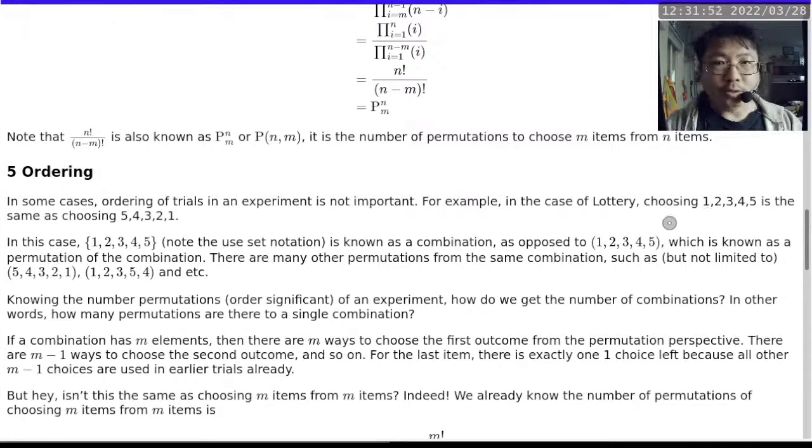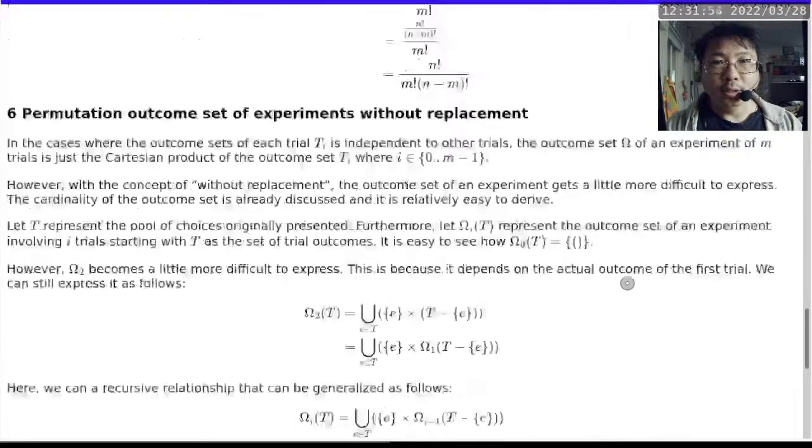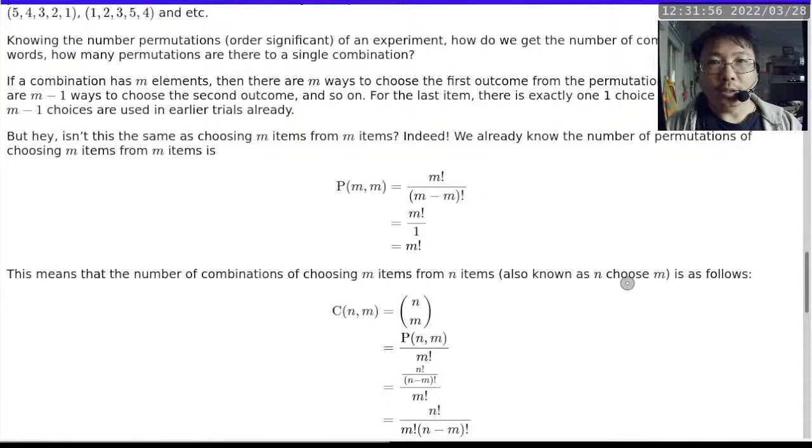So the end result is, if you're interested in the number of combinations, the notation for choosing can be written like this, which is kind of awkward, right? Because it's 2 parentheses with the original number of items on top, and the number of items that you want to be chosen at the bottom. So this is n choose m, which is also the combination of n choosing m.